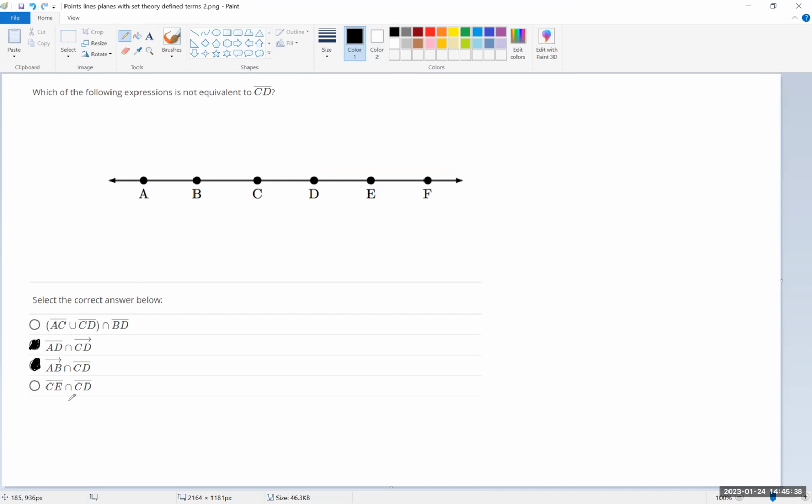All right, now let's look at this one. The intersection of CE and CD, those are two segments. So CE is from here to here. CE and CD. Okay, well, where do they intersect?